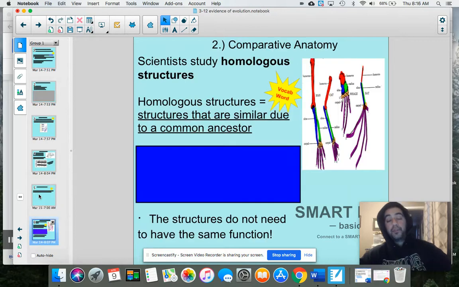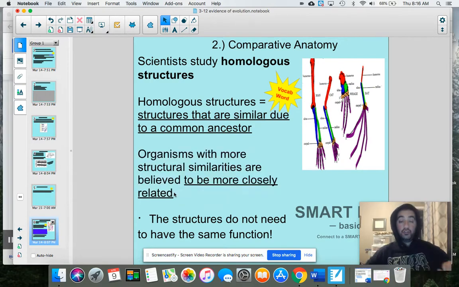So, comparative anatomy. What is comparative anatomy? Scientists study comparative anatomy, or homologous structures. Homologous structures, now this is a new vocabulary, means structures that are similar due to a common ancestor. Let me repeat that. Homologous structures are structures that are similar due to a common ancestor.